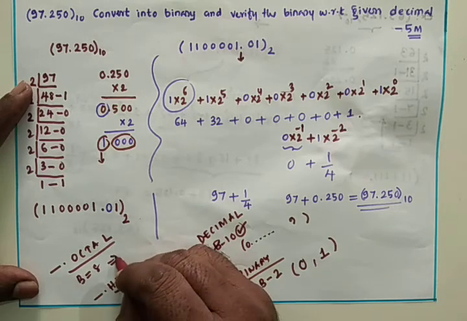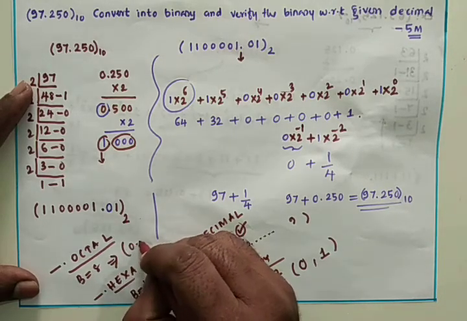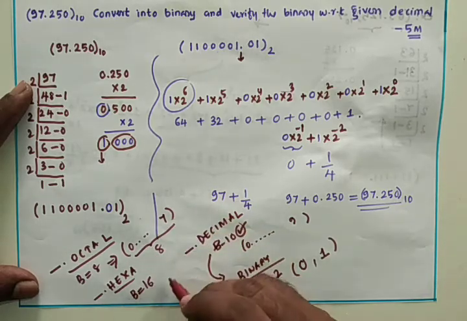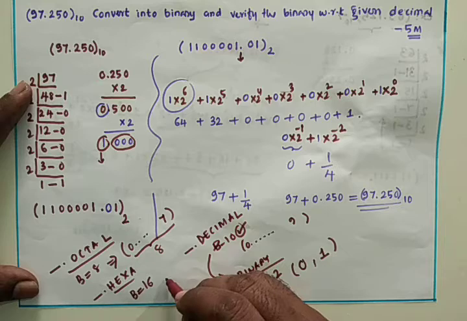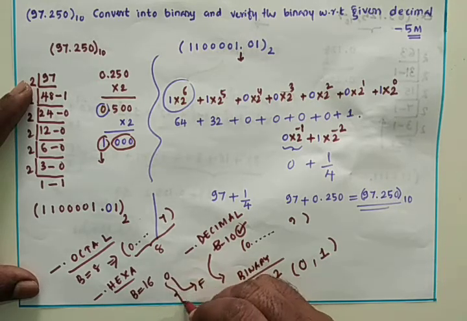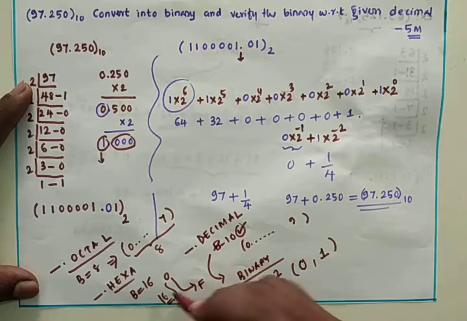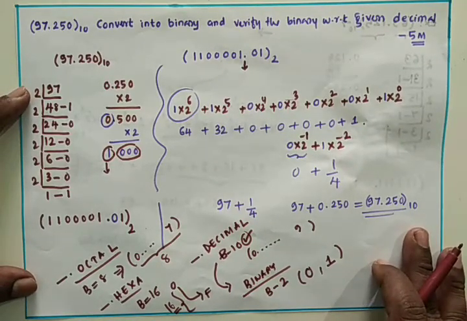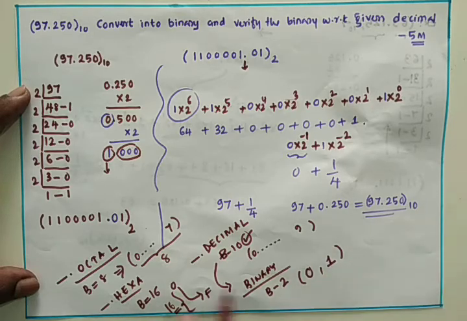In octal number system we can have the digits from 0 to 7, total is 8. In case of hexadecimal number system we can have the digits from 0 to F, that is, the total number of unique symbols in that number system is 16.